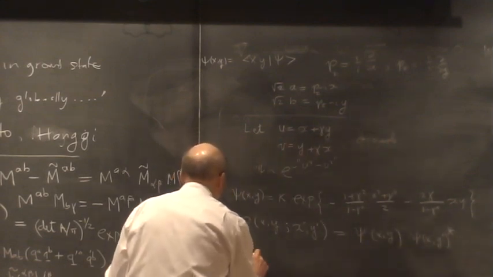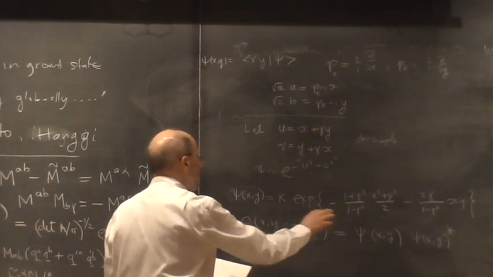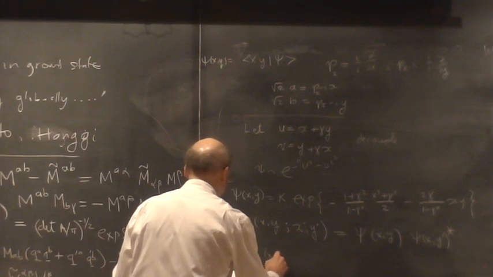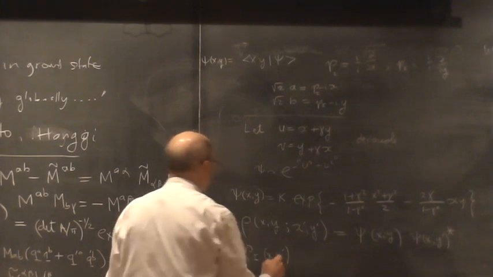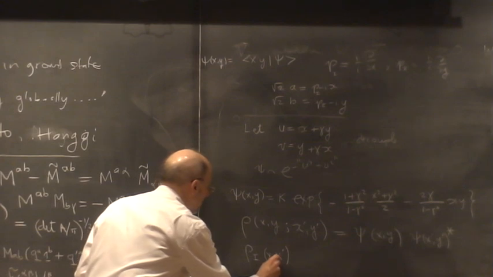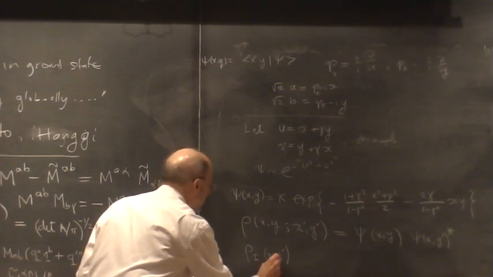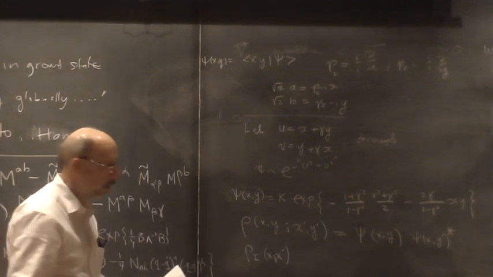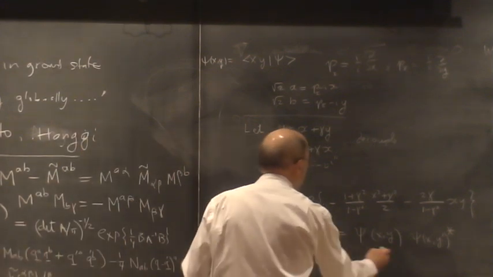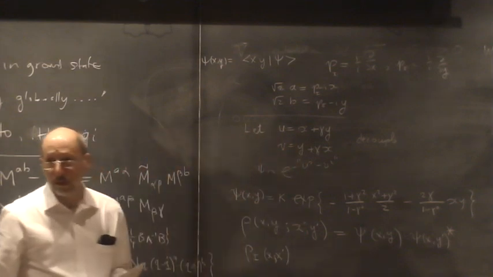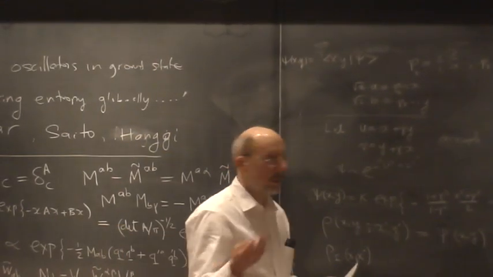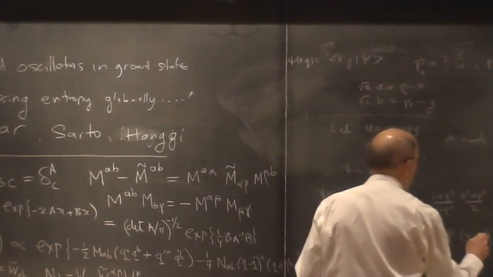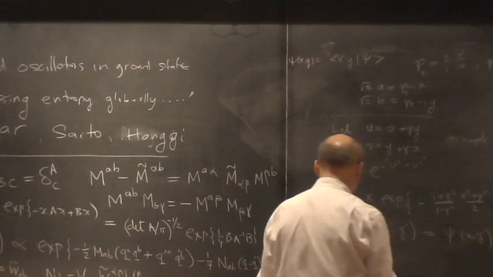Then rho 1, that's the density matrix for that squeezed state, and then the mixed state for the first oscillator alone. I guess I need a colon here, what did I use here, I used the colon, so here I'll use a semicolon. So that's gotten by tracing out over the second oscillator, which in the position representation just means setting y prime equal to y and doing the y integral.